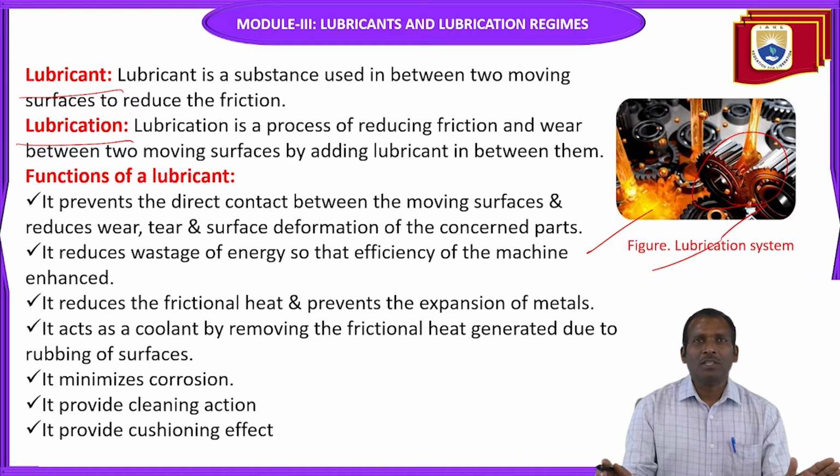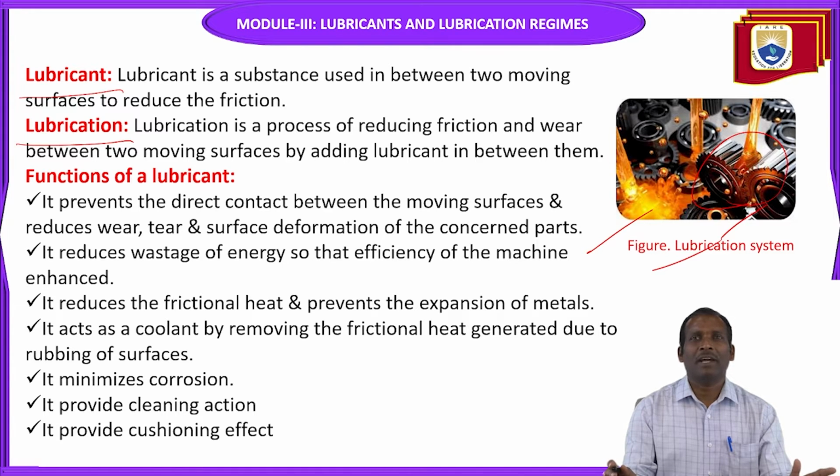What are the functions of lubricant? The major functions are that it prevents the direct contact between the moving surfaces and reduces wear, tear and surface deformation of the concerned parts.